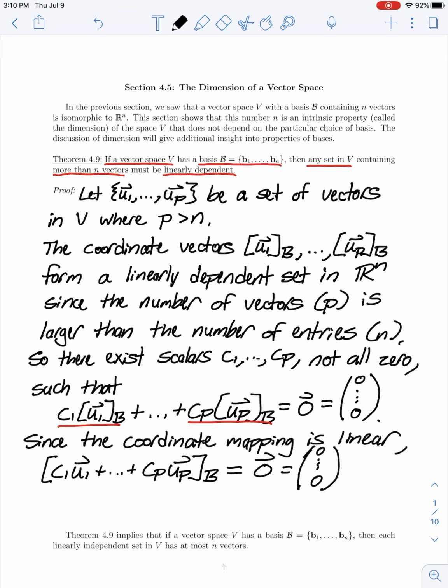Now recall the definition of this coordinate vector. So the entries of this coordinate vector for the linear combination c1 u1 up through cp up are the weights of the basis vectors from this basis B, such that a linear combination of those basis vectors would give us the indicated linear combination.